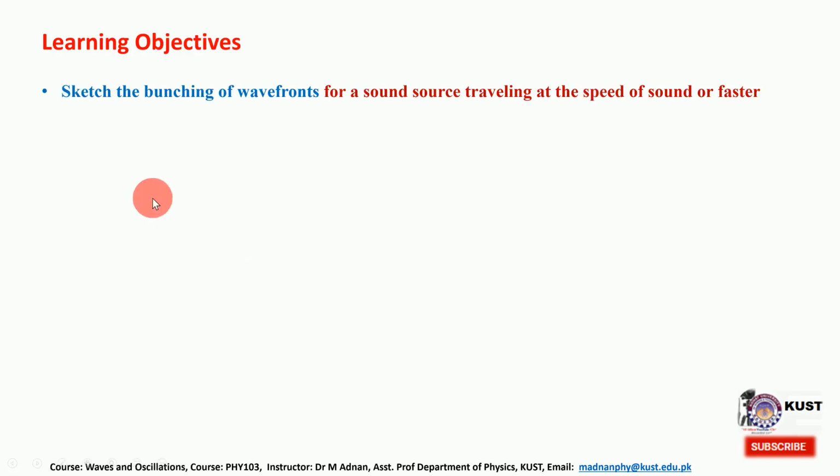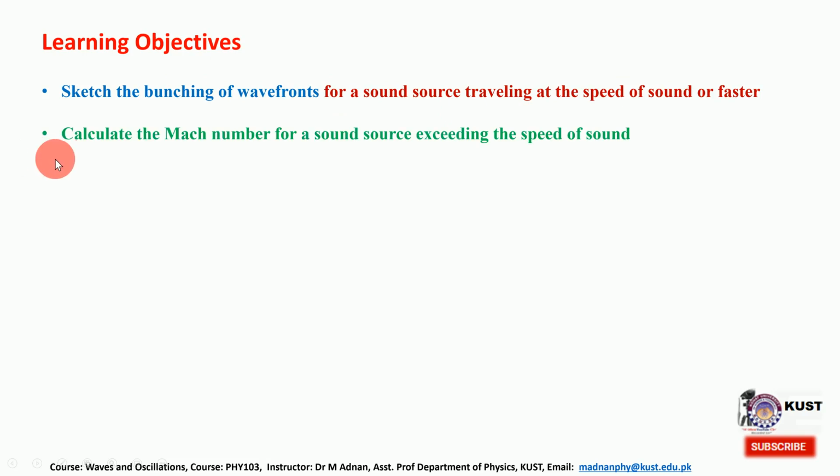First, I will give the learning objectives. At the end of this lecture, the student will understand the sketch of the bunching of wavefronts for a sound source traveling at the speed of sound or faster. Also, they will be able to calculate the Mach number for a sound source exceeding the speed of sound.